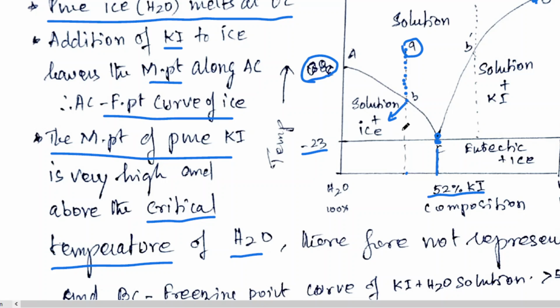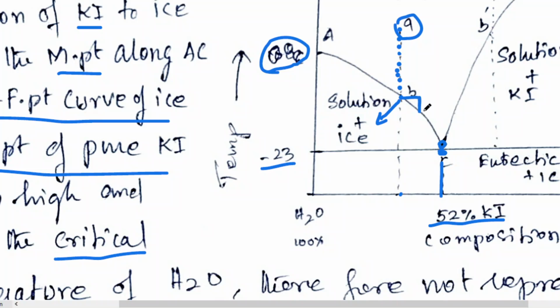Ice will crystallize out. When ice is crystallized out, the composition of water decreases and the composition of KI increases, and it will reach this point. After reaching this point, what will happen? Ice will separate out. Since ice is separated out, the composition will change to this point.